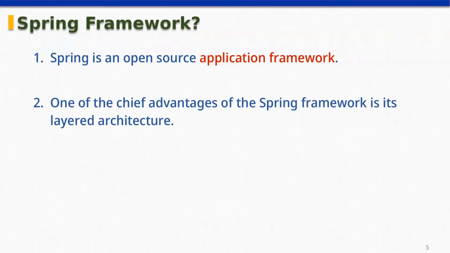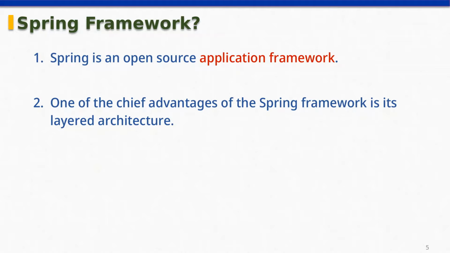See, there are a lot of advantages to using the Spring framework. We're going to see those things in a moment, but the main advantage of the Spring framework is its layered architecture. If you have all the layers in different modules, and you want to attach a particular layer to your application, you can simply attach it.